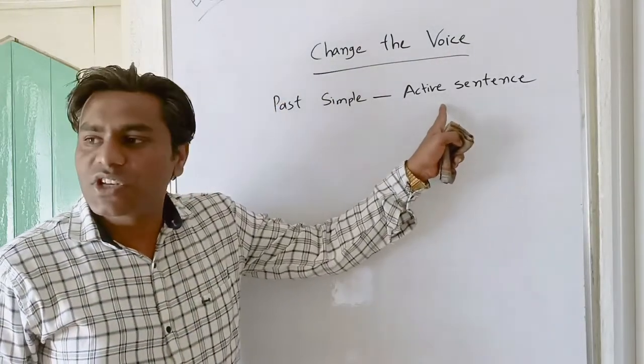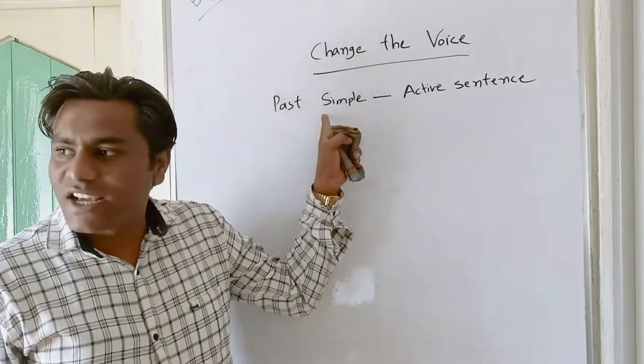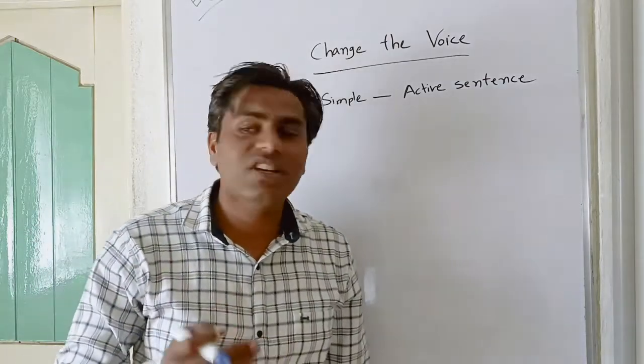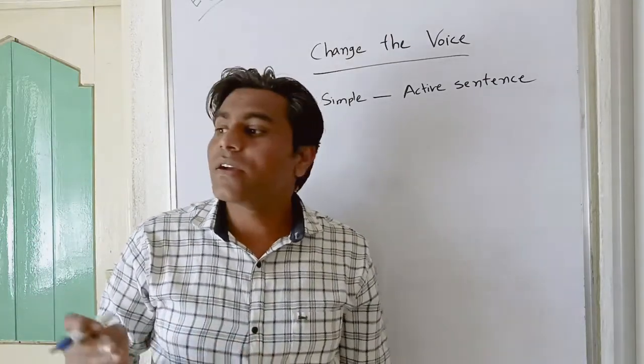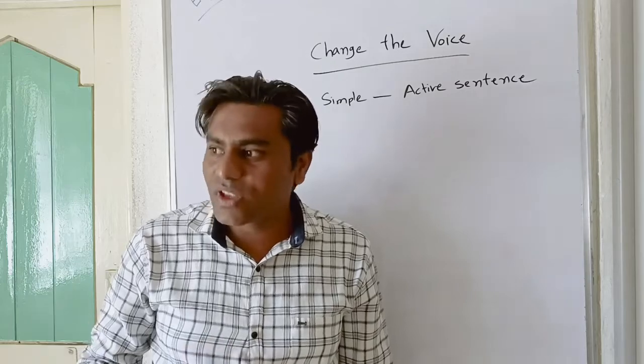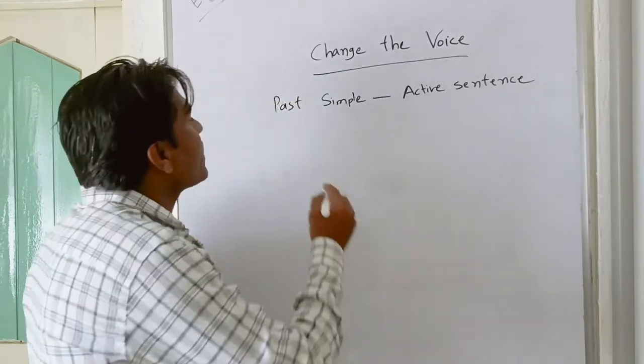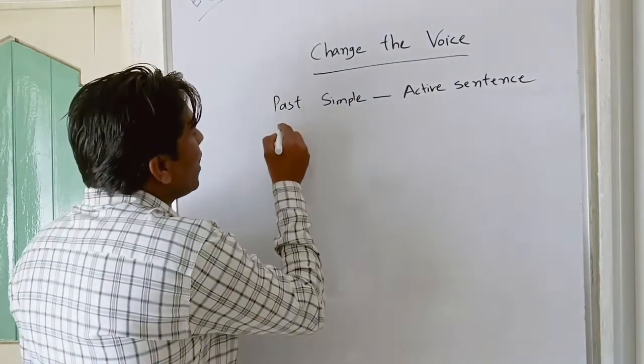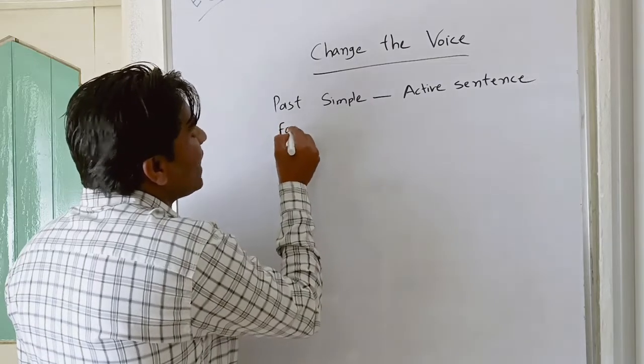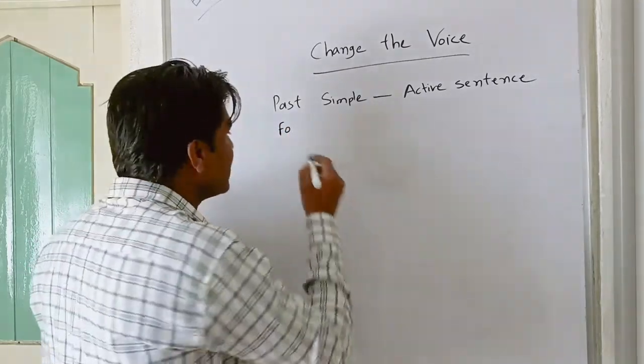An active sentence which is in the simple past tense, how can we change it into the passive voice through the formula? So here is the formula of passive voice. Please write down the formula of passive voice.